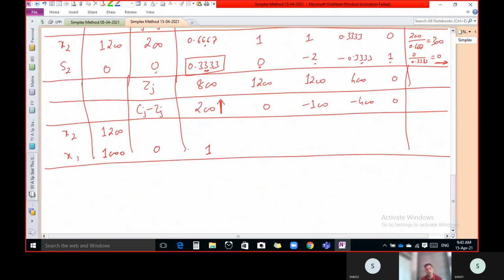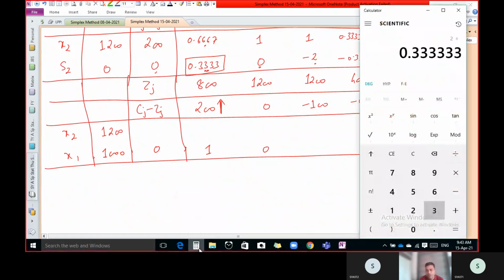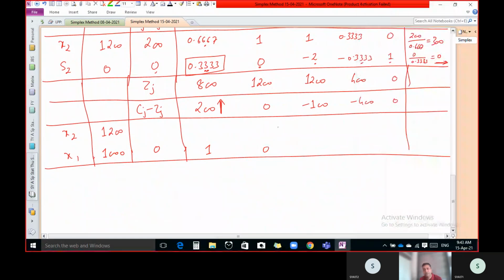Always in place of key element we get 1 in next table. Now 0 divided by this, that is 0. Now minus 2 divided by 0.33333, that is what, 6. So we get here minus 6 because this value is minus. Minus 0.333 divided by this, we get minus 1.